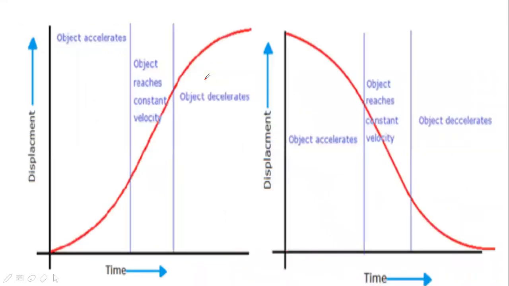This graph also shows the object accelerates in the first column. In this column, the object reaches constant velocity, the object decelerates, and here the object accelerates, reaches constant velocity, and decelerates.